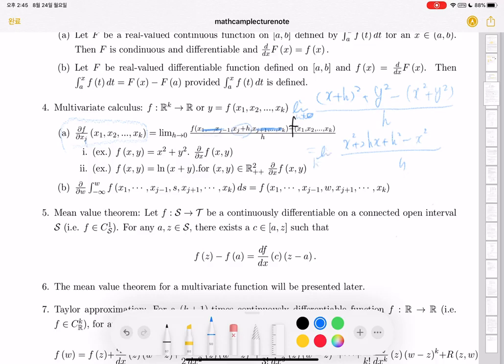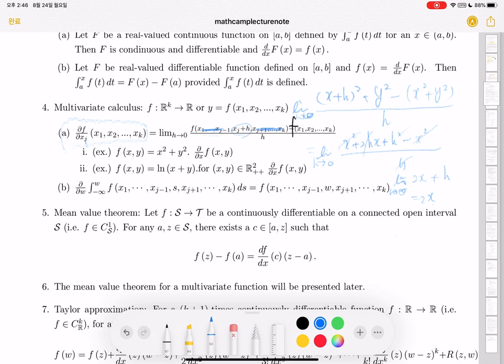With the limit as h goes to 0, the x squared cancels out, and the h cancels out, so you get 2x plus h, limit as h goes to 0. Therefore it's going to be 2x.